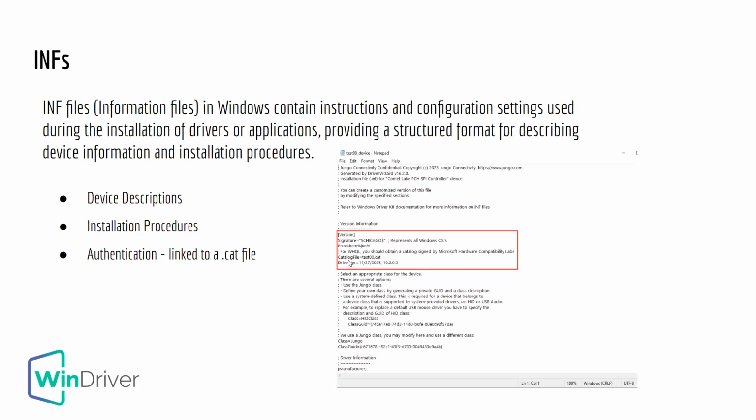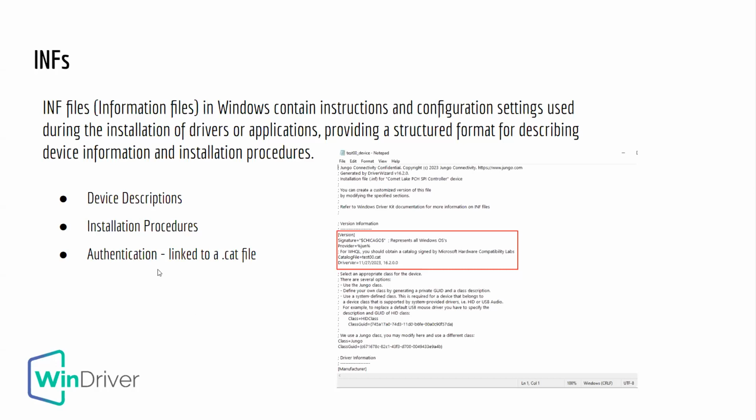You can see the related catalog file, which I will get to soon, and the driver version. You can see really a lot of information regarding the driver in a simple text file. So WinDriver has an INF, and your driver has an INF, and shortly we will go through why we need INFs using WinDriver. But this is an essential part of this mechanism, the text file.